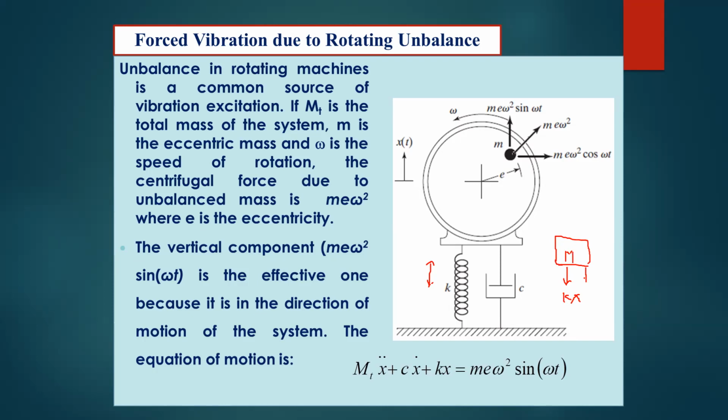Again, you have C times x dot, and the acceleration is here, x double dot, and the component of centrifugal force acting in the vertical direction is m e omega square sine omega t.